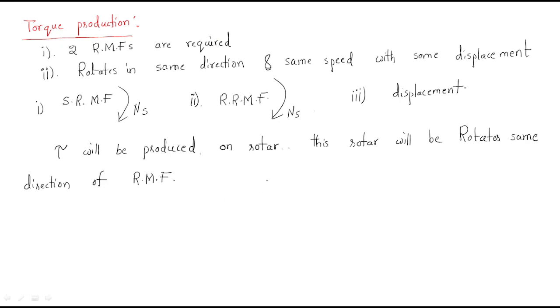That means, for example, this is the rotor. If the stator RMF is in this direction and the rotor RMF, after some displacement, forms also in this direction, then the rotor is also in this direction. Rotor speed is also in this direction.